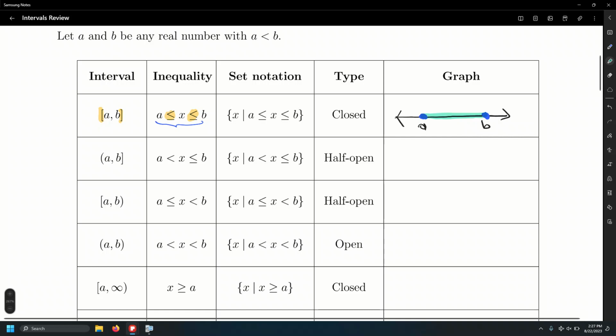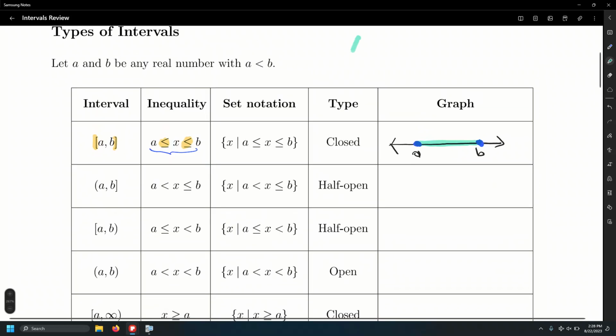All right. A real life example: to go to a club, you have to be 21 years old or older, right? So if we represent that with an inequality, if age is represented by x, to get into a club, your age has to be greater than or equal to 21.